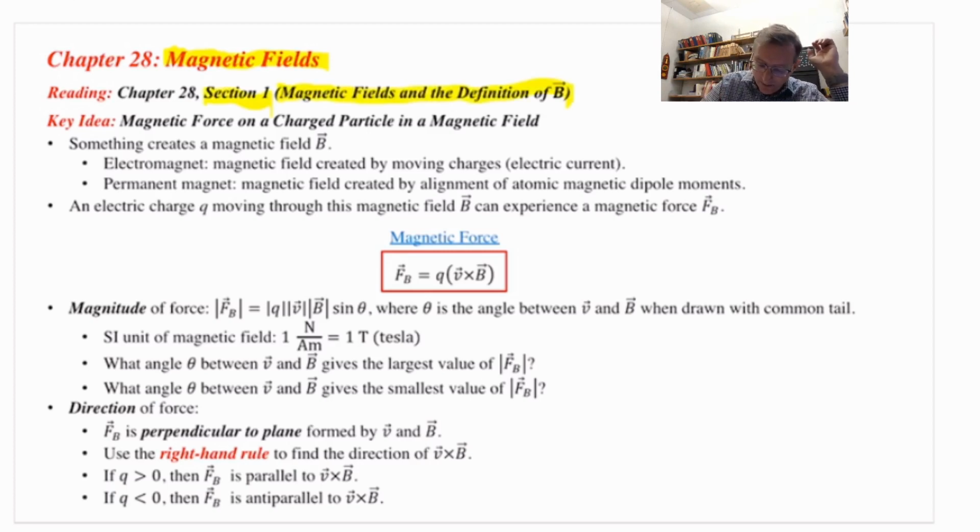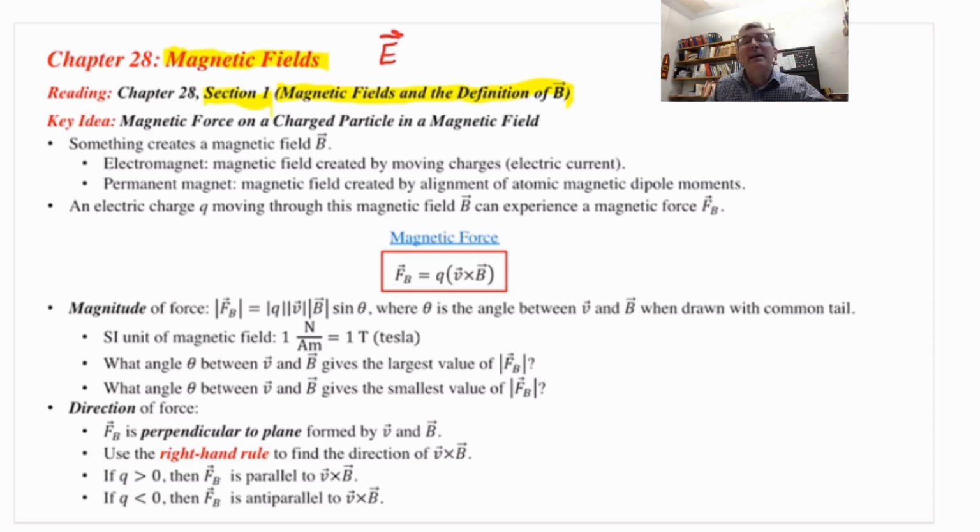The first thing to be aware of is the symbol that we use in physics for this vector field. We use the symbol E, as you know, for the vector field known as an electric field, caused by merely the presence of electric charge around. That's what creates electric field throughout all of space.